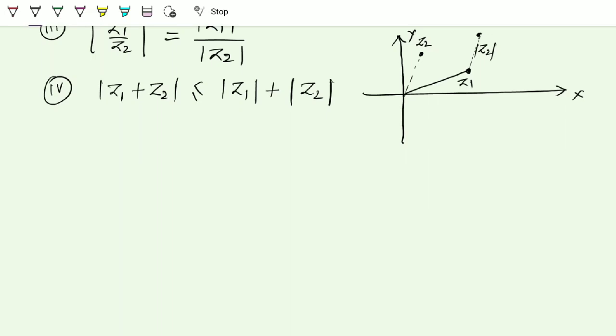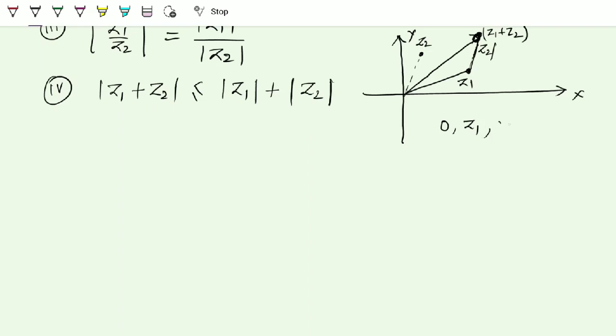So z1 plus z2 will be given by, from the triangle inequality, this point z1 plus z2.